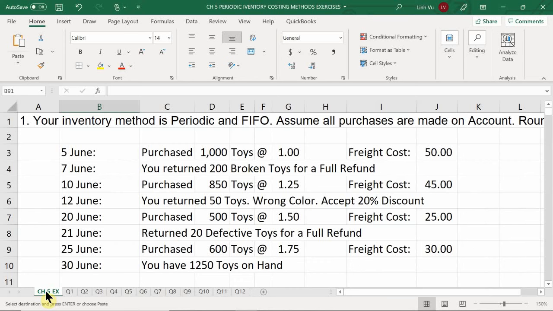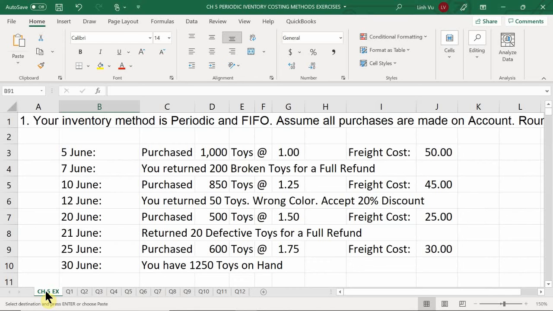So in this case, when we opened our first purchase of 1,000 toys, we found that 200 of them were broken, and we decided to call the vendor and notify them that 200 of them are broken.